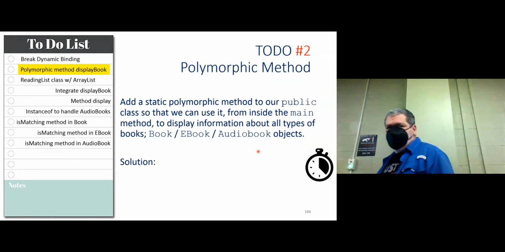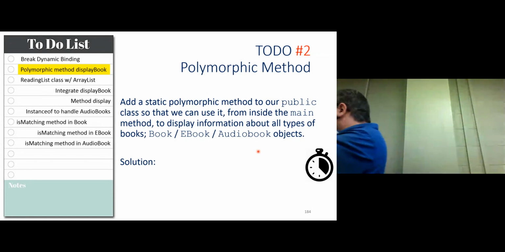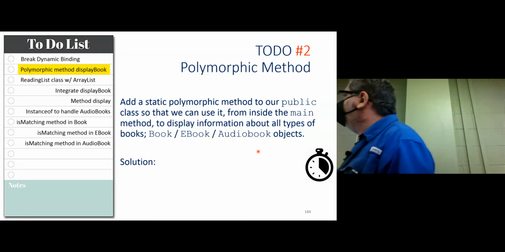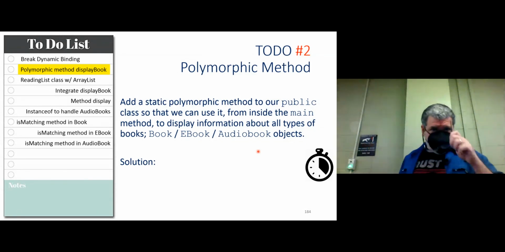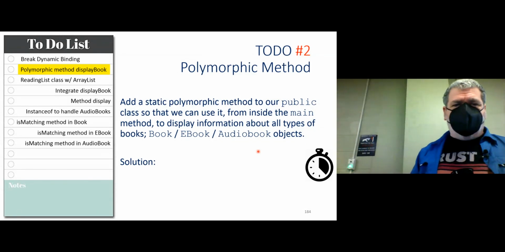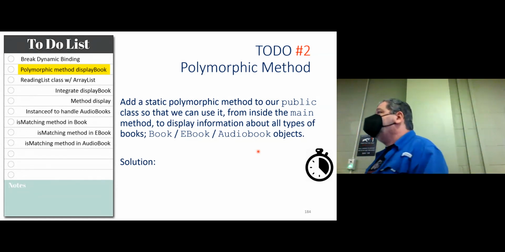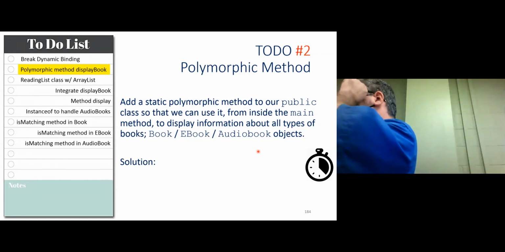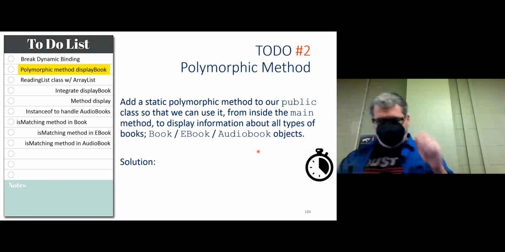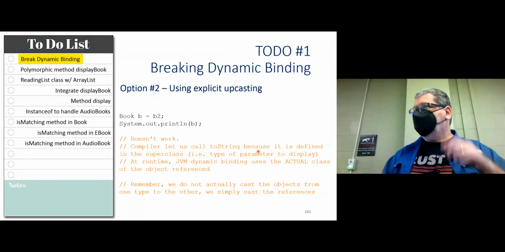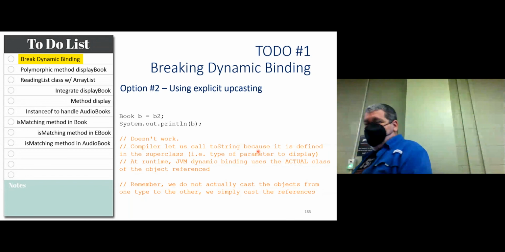What about to-do item number 2? To-do item number 2, and we'll probably have to finish a little bit next session, has to do with writing a polymorphic method. Sorry? So that line, that system call we just did, are you saying that should have given us an error?